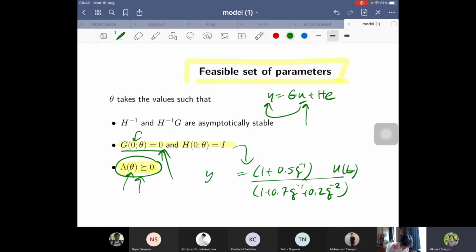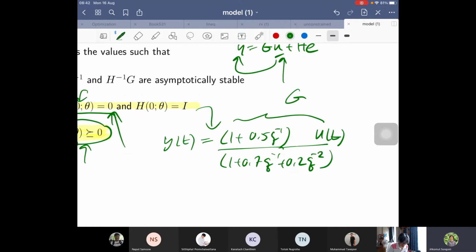So if I have Y_t equals G, okay. If I have y equals G u like this, it means that this is the example for when you evaluate G at 0, when q inverse is 0, it is 1, right? It is 1.